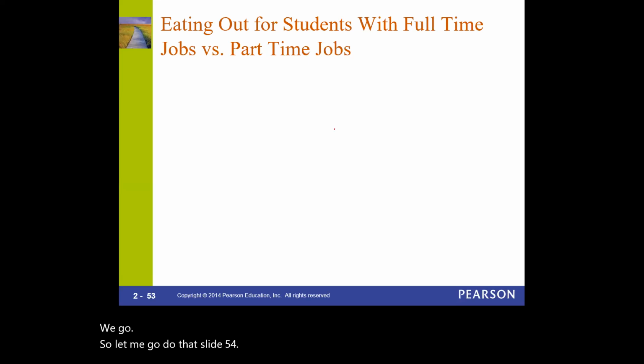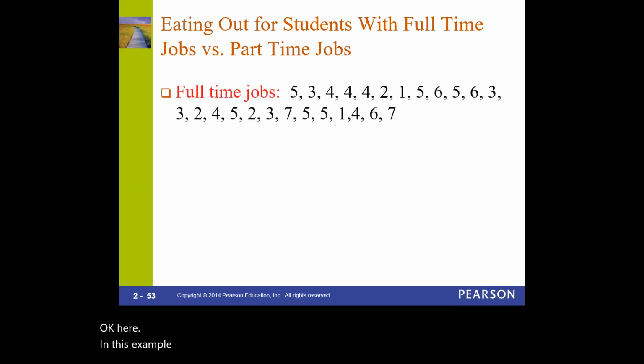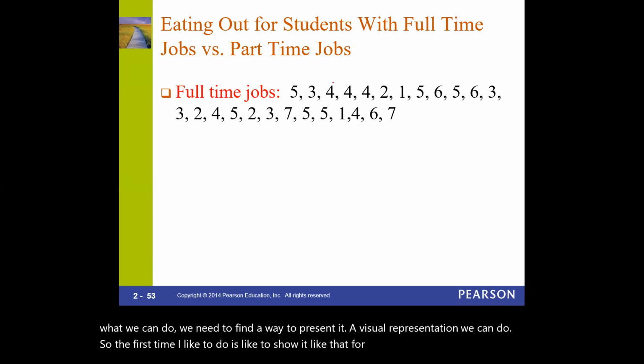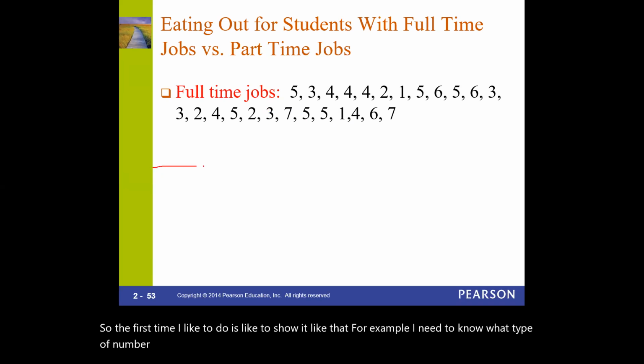In this example, we see that the data is given to us as raw data. So we need to find a way to represent it, a visual representation. The first thing I like to do is show it like this. For example, I need to know what type of number I have.